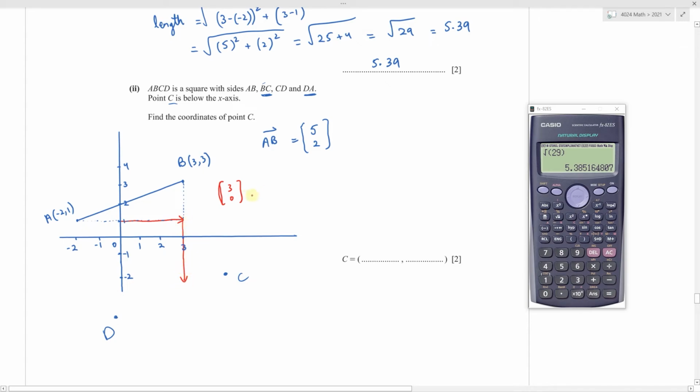So what is this vector? This is, let me actually write it in green. So this vector is what? 0 in x direction, goes -3 in y, right? So the red vector here is 3 in x and 0 in y.